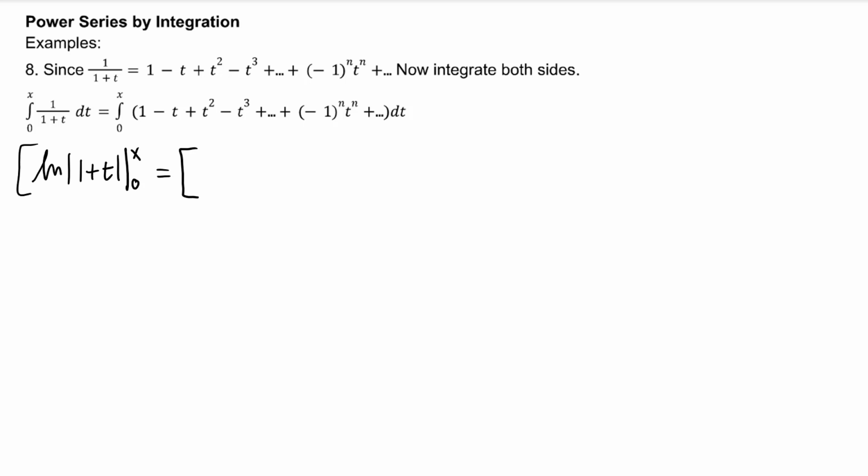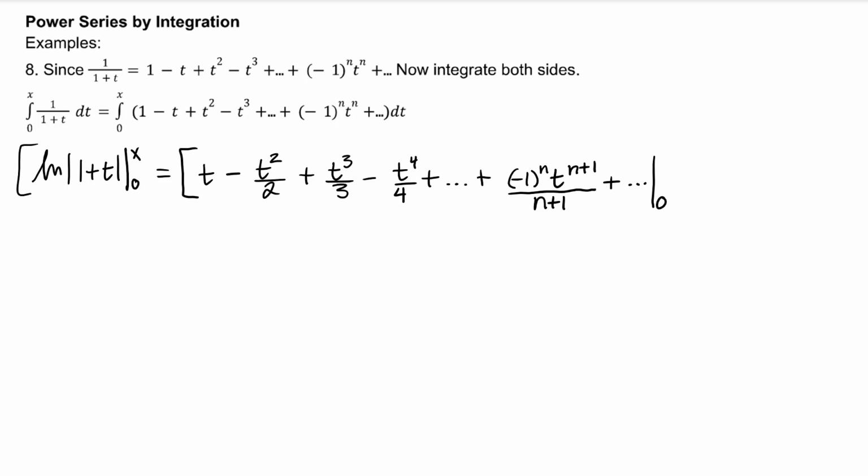The integral of 1 is t minus t squared over 2 plus t cubed over 3, negative 1 to the n is a constant, but we will add 1 to the power of t, and that will also be our denominator, evaluated from 0 to x.